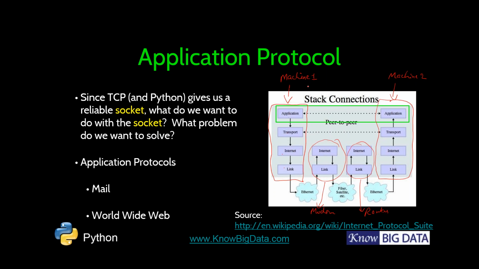Say machine 1 is sending some data to machine 2. This is what is going to happen. You open up a browser, and that browser is at the point where the application is written, in the application layer. We call it a layered model. The layers are the application layer, transport layer, internet layer, and link layer.